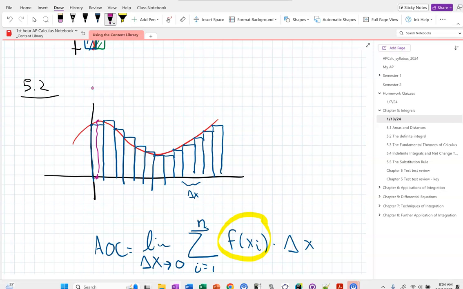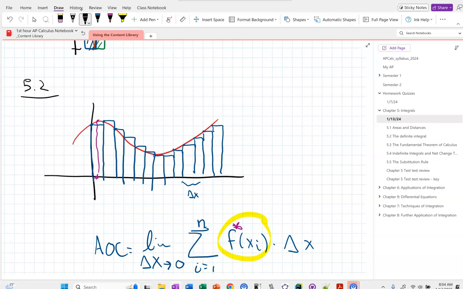Because when they become width 0, it's just one value. So I think the textbook uses a star here to indicate just some x value on each interval. Okay.